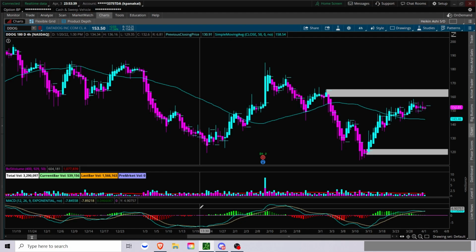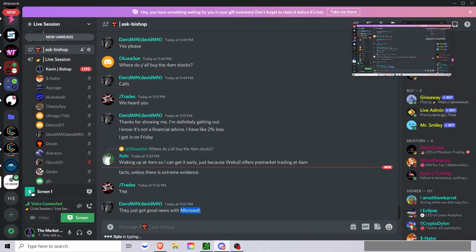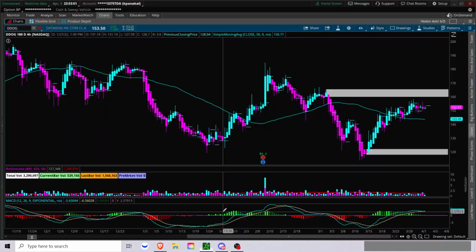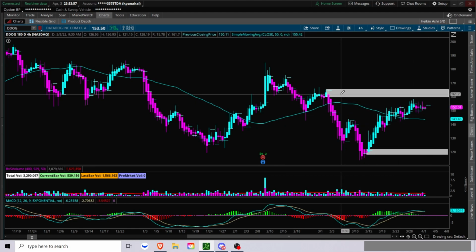So it will actually work against you if you try to enter a position after news comes out. So that's why trading news is always risky. You have to trade it the right way versus just, what's it called? Just trading after the news.